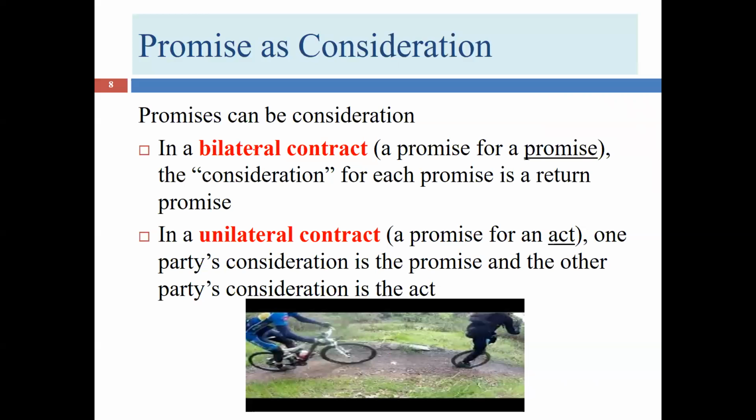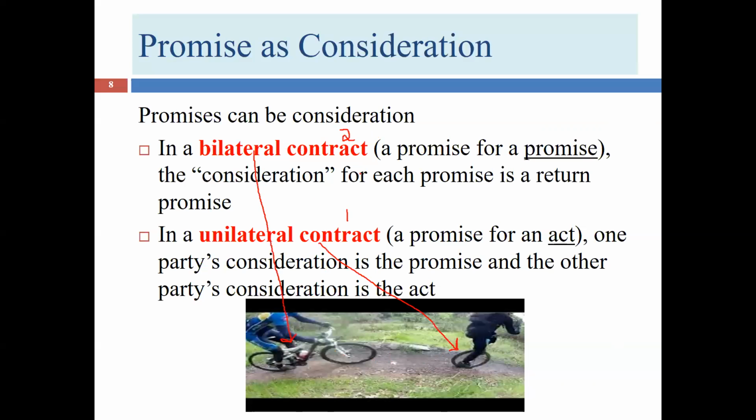But here we have the bilateral contract, which is like a bicycle, 2 wheels. And we have a unilateral contract, which is a unicycle, 1 wheel. So when we think about this, it's 2 promises, and this is 1 promise. So in a bilateral contract, we have 1 promise for another promise.